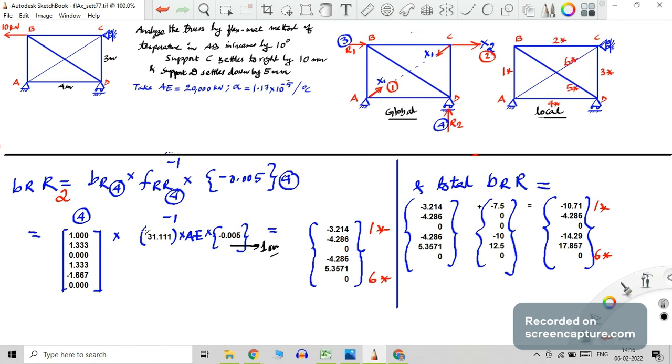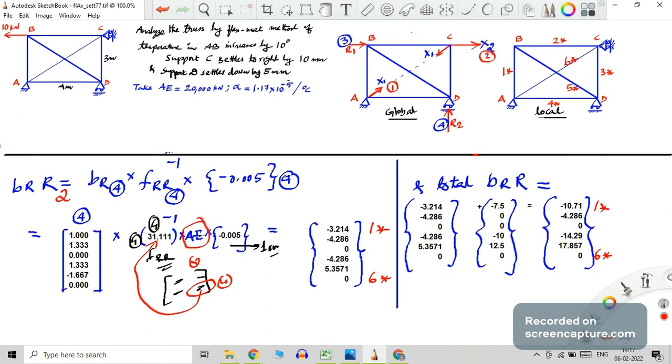So pick the 4 FRR from the matrix carefully, because FRR is a 2 by 2 matrix. You have four values. In this, pick which value? You pick this value. This is 4 4. So pick that value and write there. Invert it, and AE will be there.